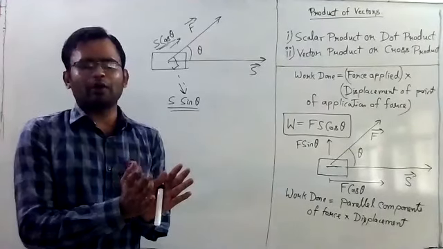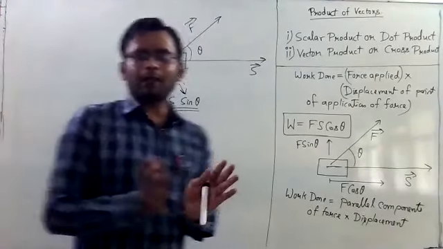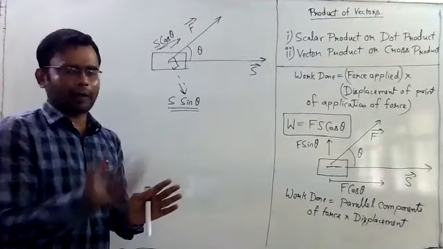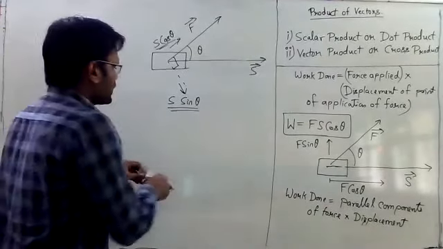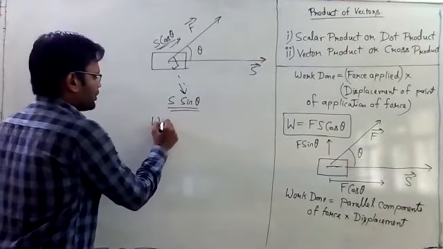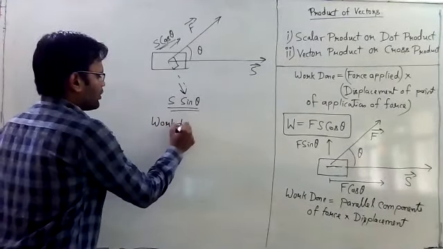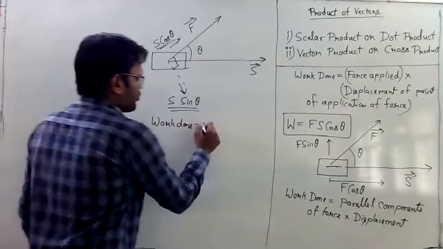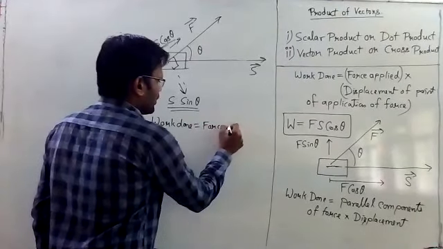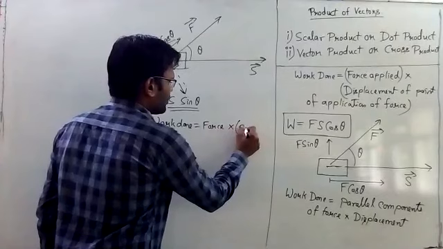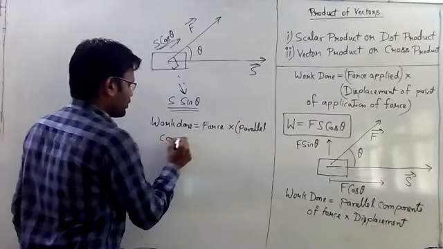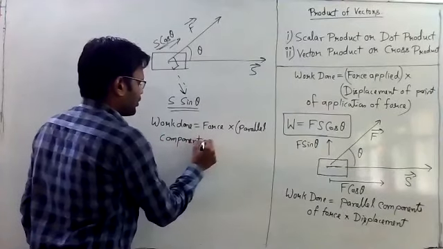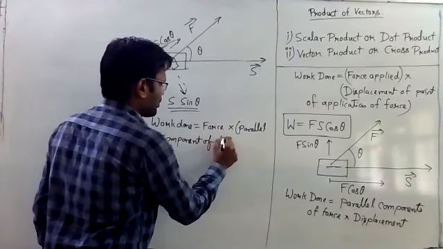And we will be multiplying the parallel component of the first vector with the second vector. That we are doing. So here also work done equal to force into the parallel component of displacement.